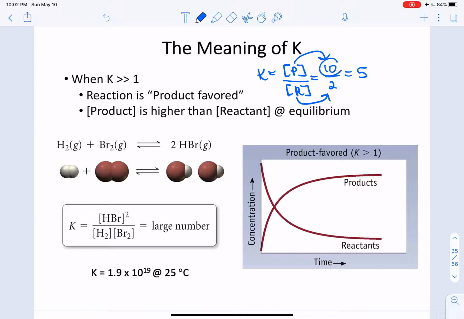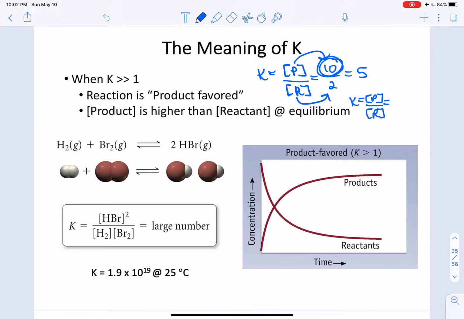So you can see that if you have a K that's a lot greater than 1, it's telling you that this reaction is product favored. The reaction's going to make a lot of product. If you have a K that's less than 1, that's telling you that you're not making much product.